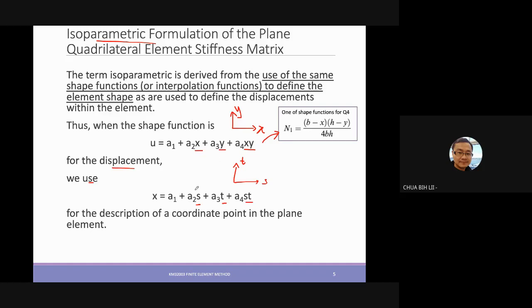X is now replaced with S, Y replaced with T, and so on. So from the same, similar shape functions, only the parameters change. So what you would expect is the exact same shape functions. That is the idea behind this so-called isoparametric formulation.